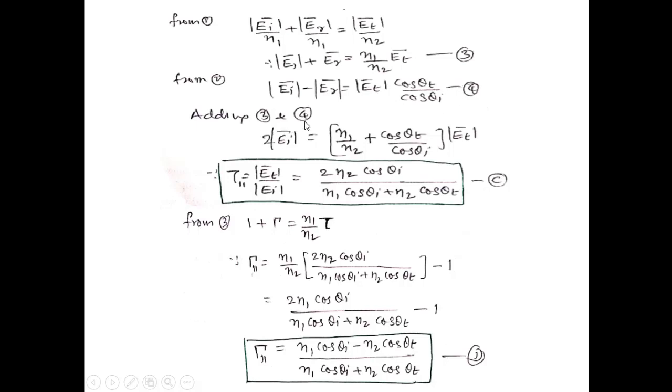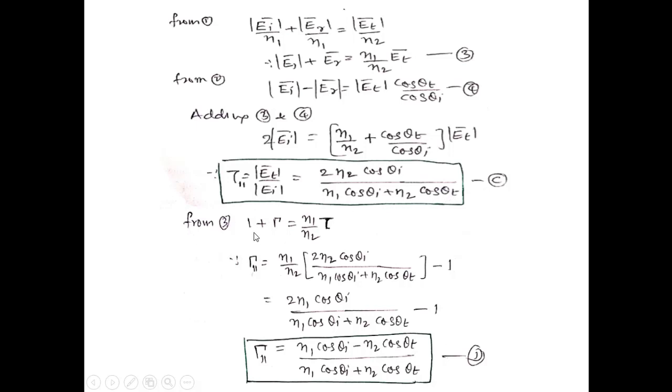Adding equations 3 and 4, we get 2E_I bar equals (η1 divided by η2 plus cos θ_t divided by cos θ_i), the whole bracket, into E_T bar. Therefore, the transmission coefficient is E_T bar by E_I bar, and simplifying, we get 2η2 cos θ_i divided by (η1 cos θ_i plus η2 cos θ_t).